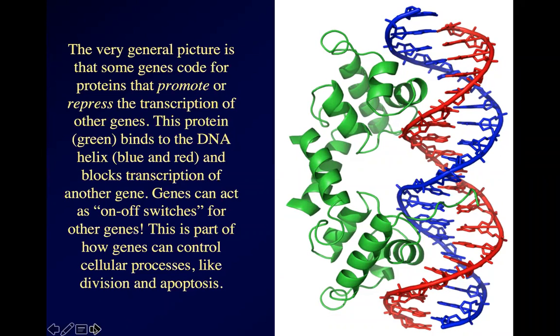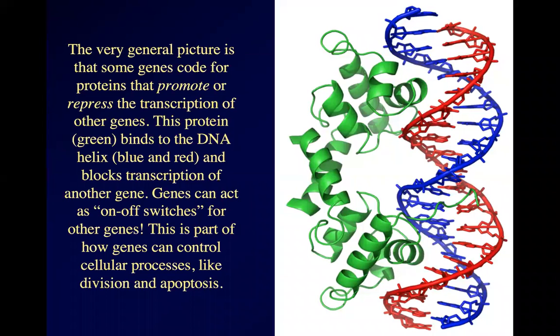The green thing is a DNA binding protein. You can see it's got a lot of alpha helixes in it. And it's shaped in such a way that it can bind to the DNA helix, which is shown here in blue and red. And this particular one can block another gene from getting transcribed.